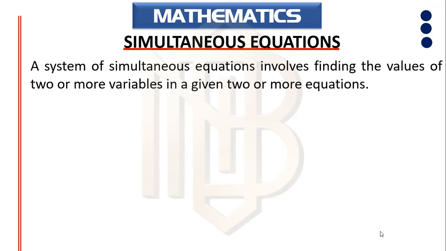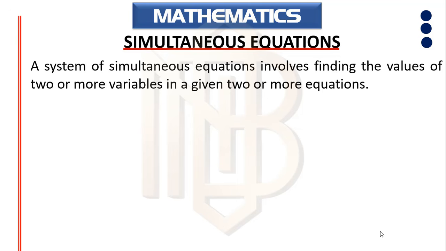By the word simultaneous, we mean that we are involving all the equations provided. Meaning that as you're solving in one equation, you're also solving in another equation. That's why all of them are active through your solving.